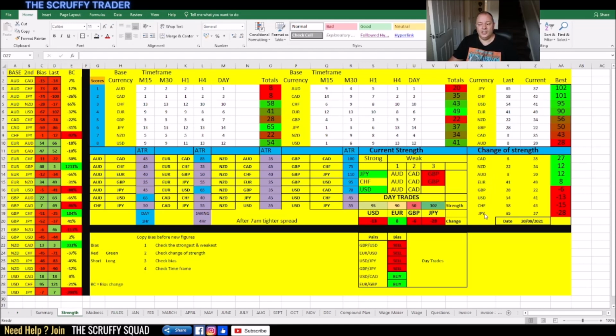Well, actually the JPY is losing ground and the Aussie is gaining ground, so it can give you a shift in your bias. All right, so at the moment, if you see in here, this is going to be a short sell because the Aussie is weaker than there.